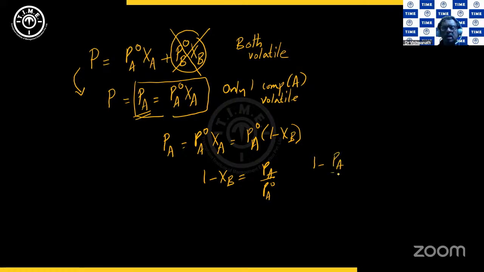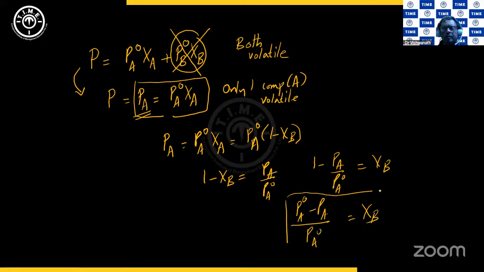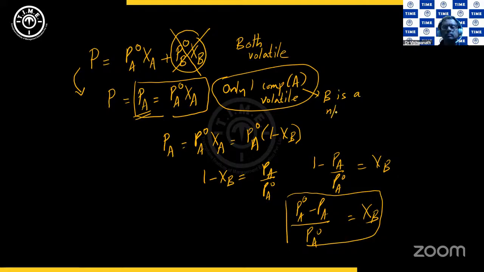So we can say that PA naught minus PA by PA naught is equal to XB. So this is the Raoult's law for the second case where only one component is volatile, which means that B is a non-volatile solute.